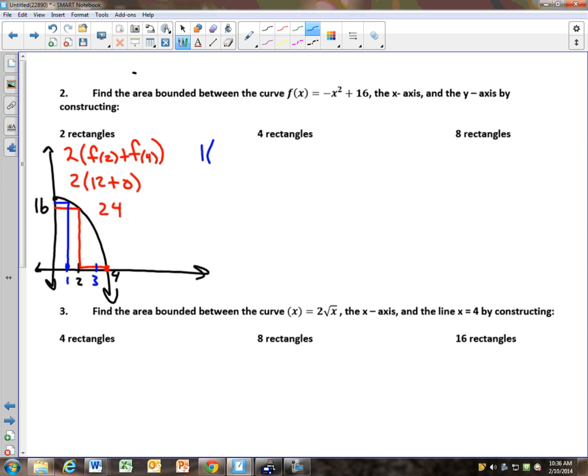So first I will do f of 1 plus f of 2 plus f of 3 plus f of 4. 1 times 15, 12, 7, 34.